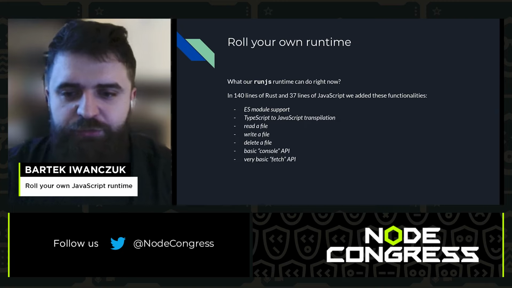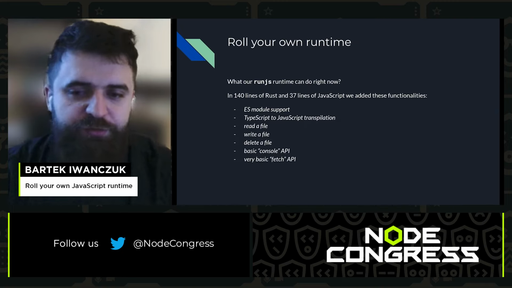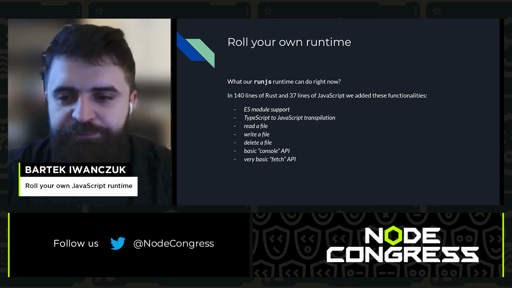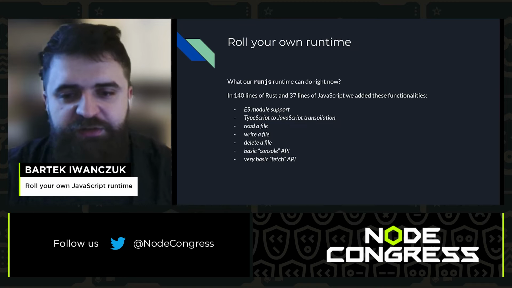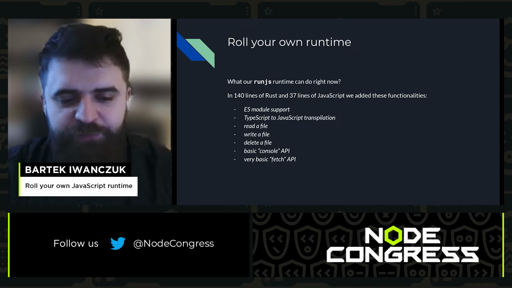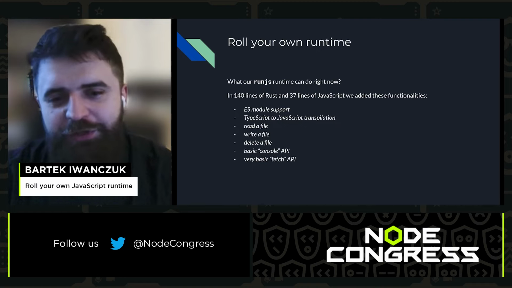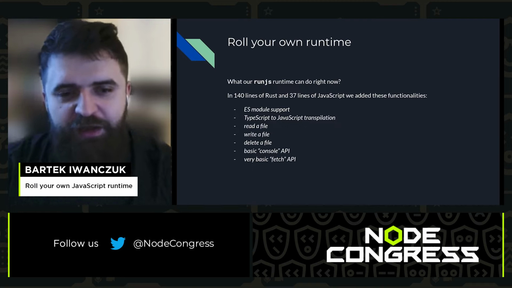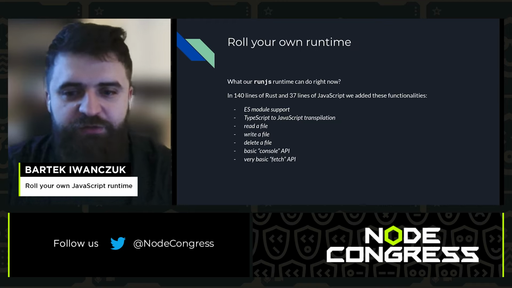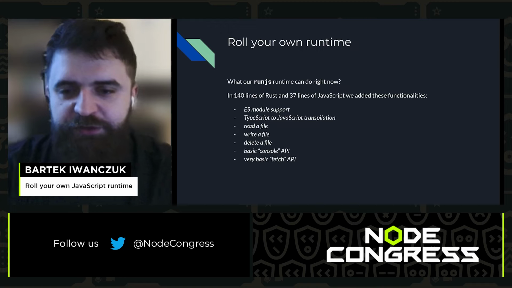We got some rudimentary console API, so we can do console.log and console.error. And we have a very basic fetch API. So it looks like fetch, but it can only really do GET requests. However, with only 180 lines of both Rust and JavaScript, I think this is pretty phenomenal.